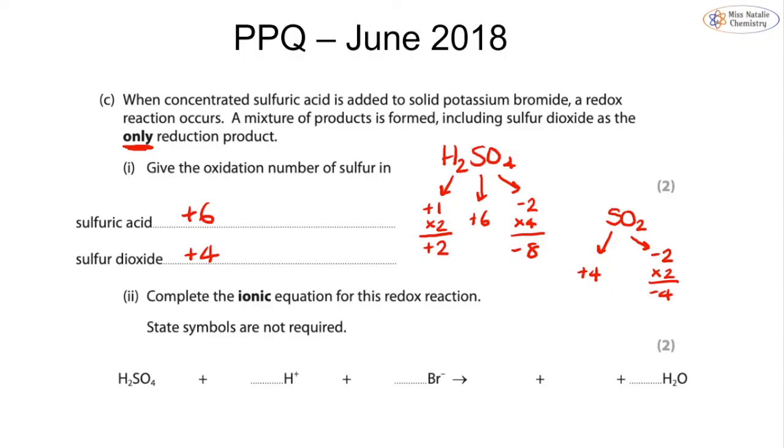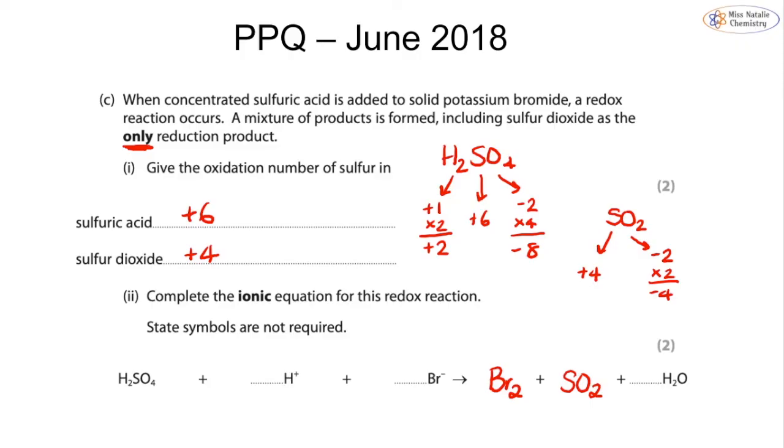So we have the H2SO4 reacting with a certain number of hydrogen ions and a certain number of bromide ions, and we're going to form 2 products plus water. So our 2 products in this case are bromine, Br2, and our only reduction product is the sulfur dioxide that is being formed, which is SO2. And that gets you the first mark, and the second mark is simply to balance it.